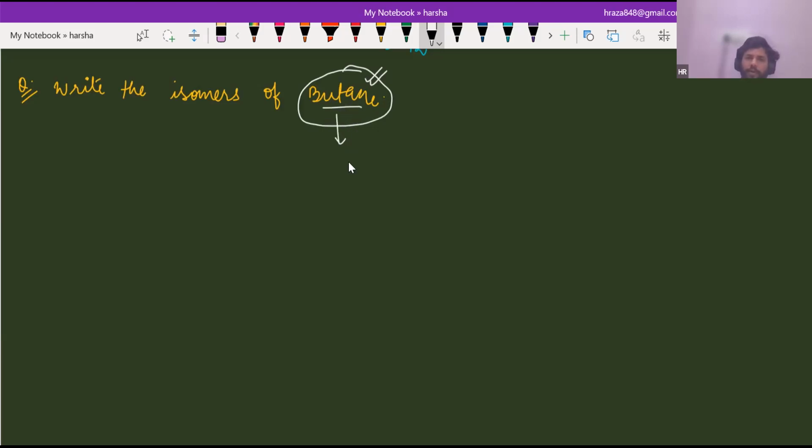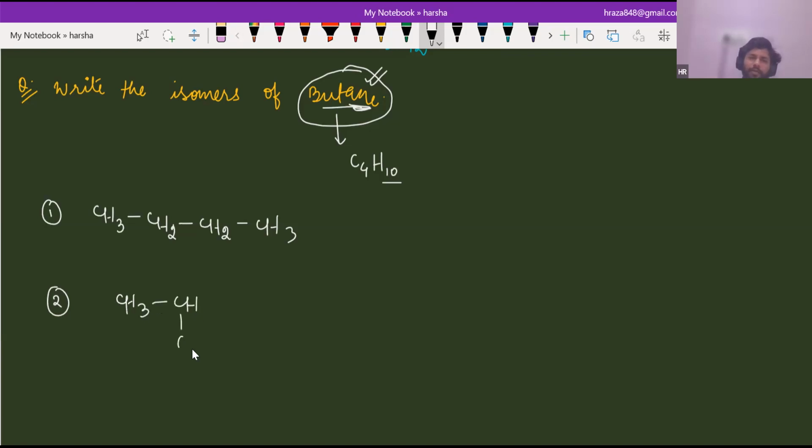Butane has four carbons, and since it is an alkane, with single bonds, the number of hydrogens is twice the number of carbon plus 2, so it is C4H10. First I write the structure in long chain form: CH3, CH2, CH2, CH3. The second isomer possible is CH3, CH, CH3 with a CH3 branch. So there are 2 isomers of butane, this one and this one.